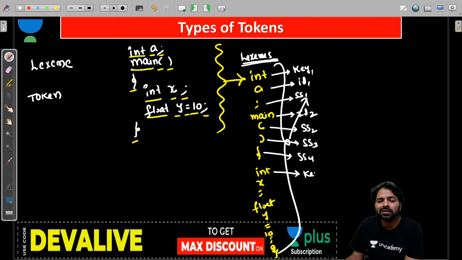int is a keyword, let's say key1. x is another id, let's say id3.